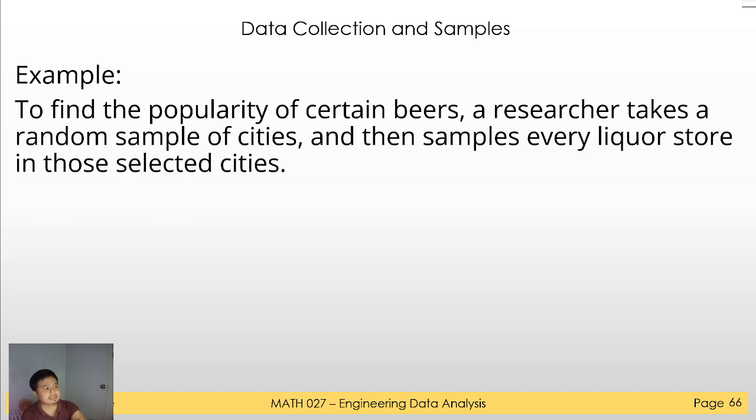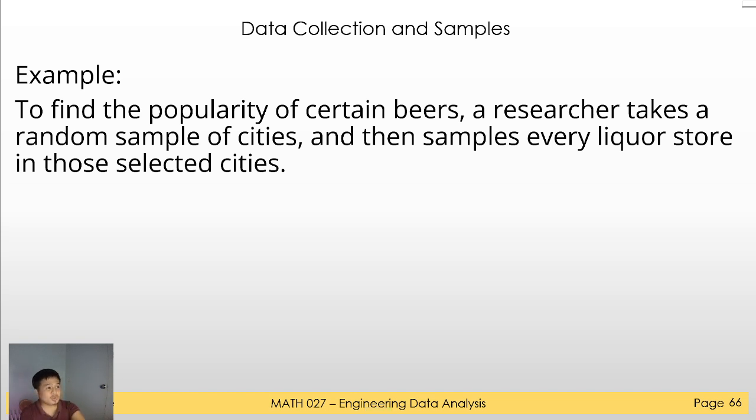Okay, so to find the popularity of certain beers, a researcher takes a random sample of cities and then samples every liquor store in those cities. So we only selected cities.